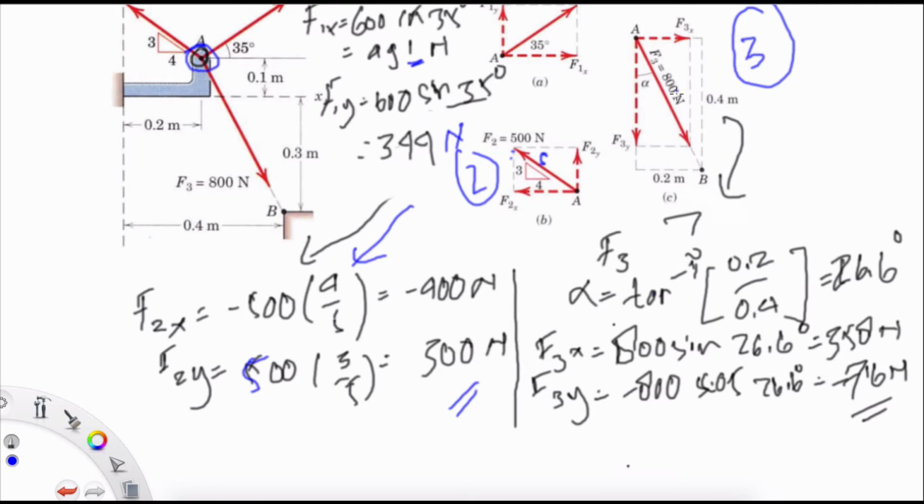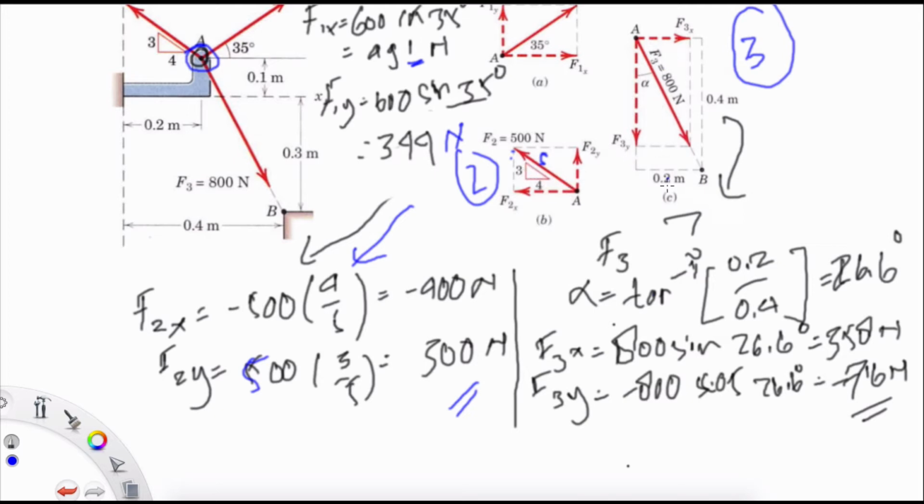And the last one, the third, we have this unique information. Each of the three forces has different information, and for F3 we don't have any information such as the angle or the trigonometry.